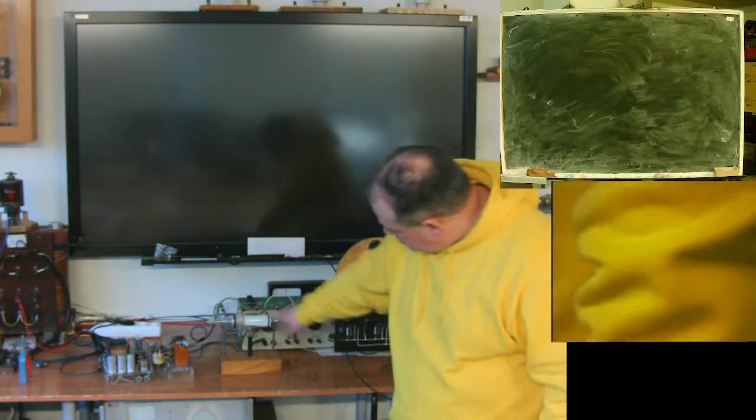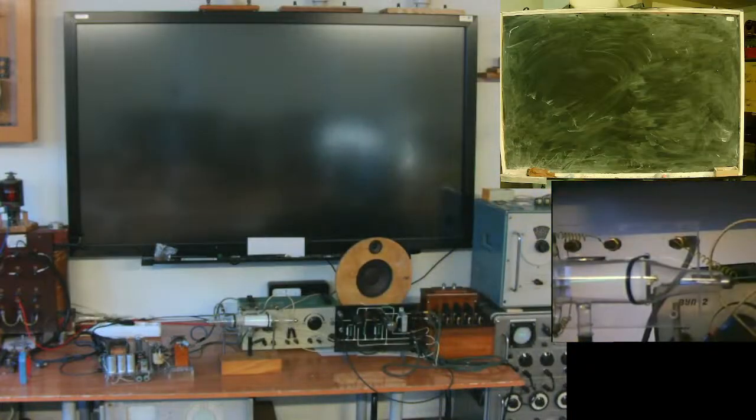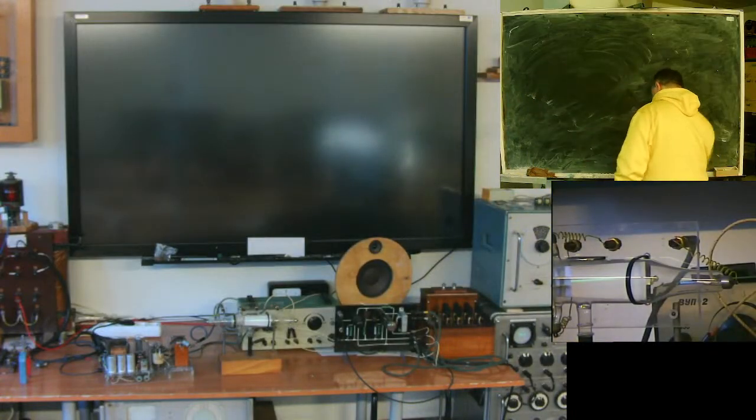What do we see? Green stripe. What's inside? How does it work?